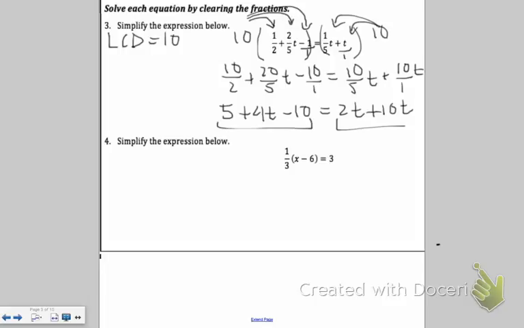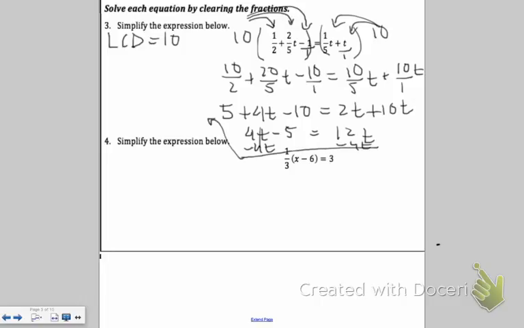Now we're going to combine like terms on both sides of the equation, and we get 4t minus 5 equals 12t. I'm going to bring the coefficient that's smaller to the opposite side by subtracting 4t on both sides.